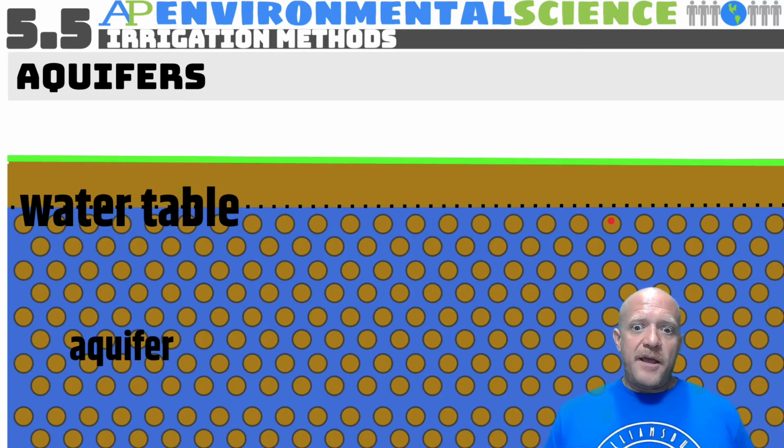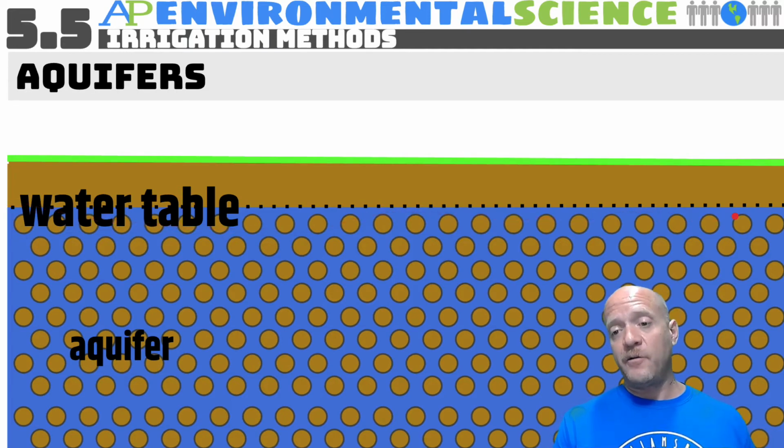But the aquifer is this floating water in these pores, and the water table is the top of the aquifer. The water table can be at different heights, and it can rise and fall based on water levels. If it is an exceptionally dry year, the water table may fall. If the water is being overused, the water table may fall.